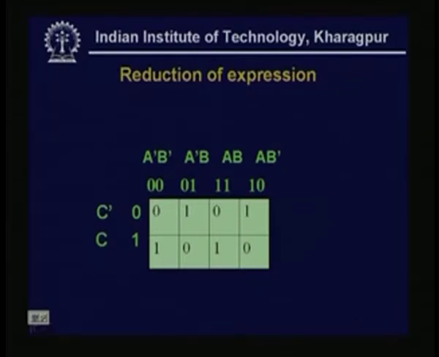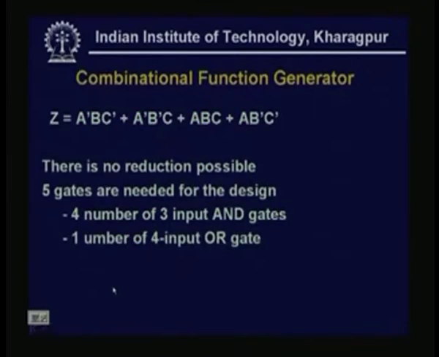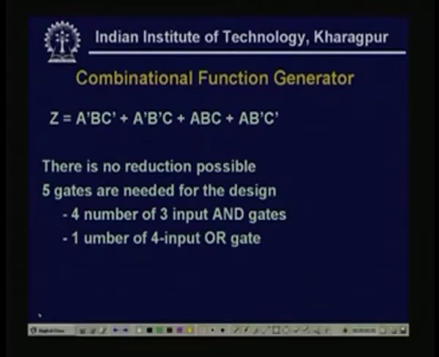Now, if we reduce this expression, then we will get Z is A dash B C dash plus A dash B dash C plus A B C plus A B dash C dash. Actually, there is no reduction possible. Mainly we have the min terms we have written.